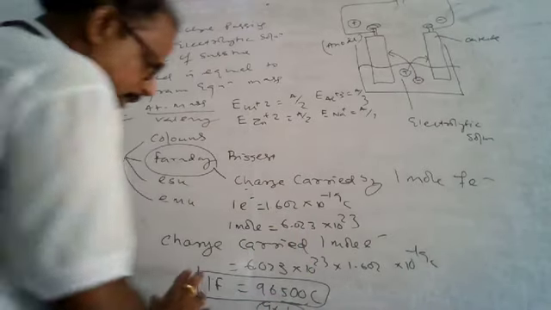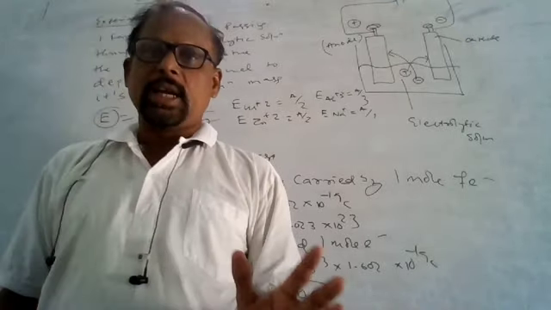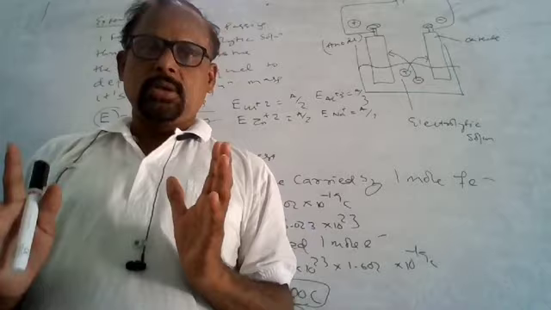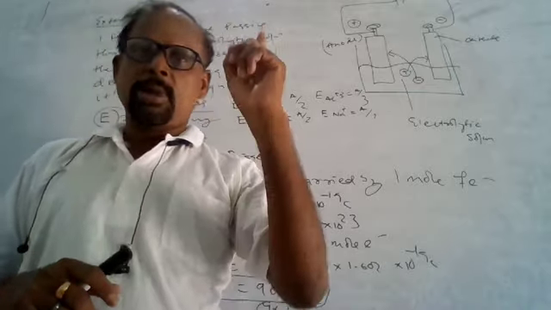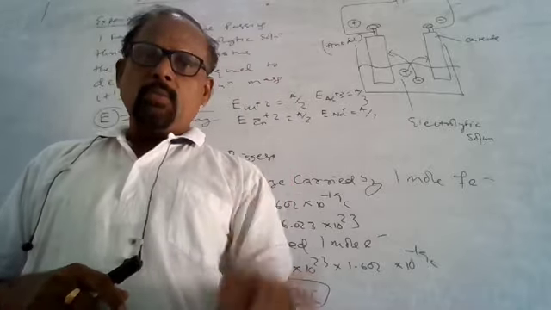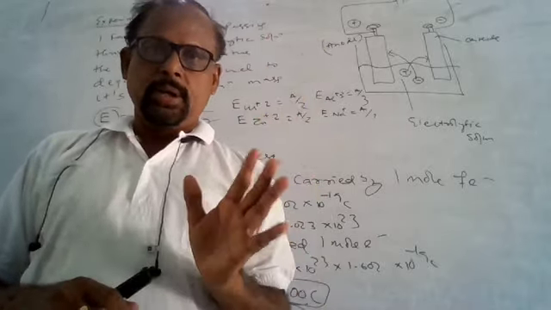For your understanding, 1 Faraday is equal to 96500 coulomb. That is the charge carried by 1 mole of electrons. 1 electron carries 1.602 into 10 to the minus 19 coulomb, so 1 mole will carry 96500 coulomb. That is called 1 Faraday.